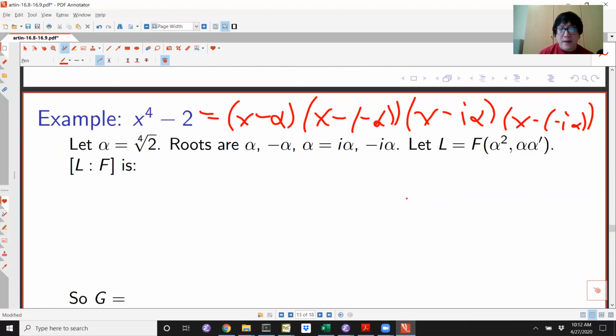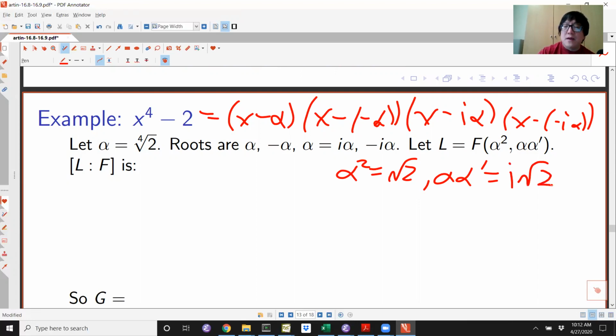So let L be F adjoin alpha squared, and alpha squared is the square root of 2, and alpha prime is going to be equal to alpha times i, so this is i times the square root of 2. What is the degree of L over F?